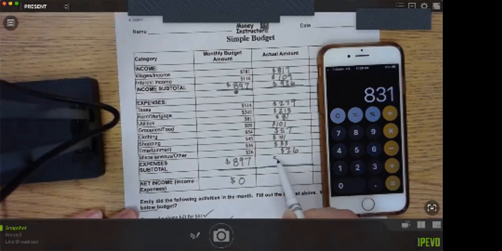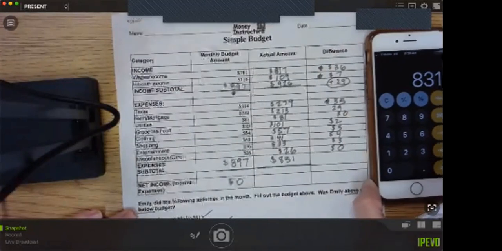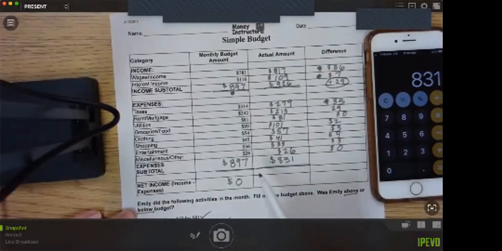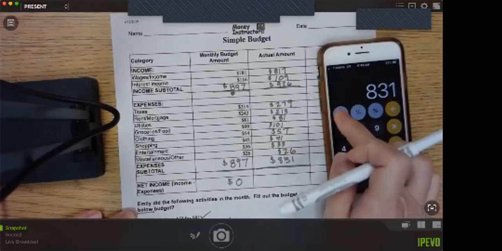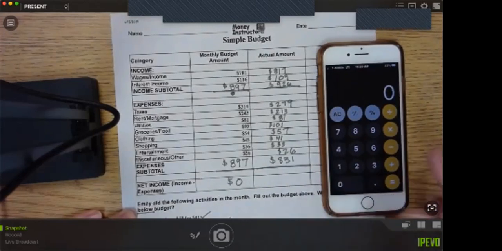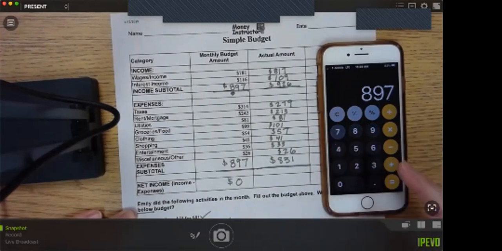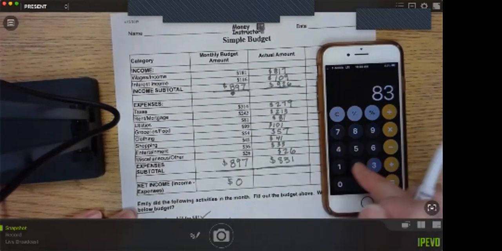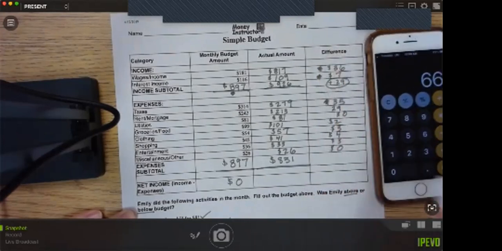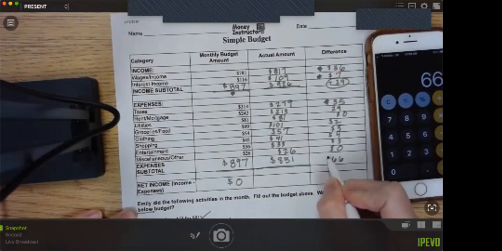She spent $831. And so now we're going to find out what's the difference. 897 minus 831. So she had $66 in the positive.